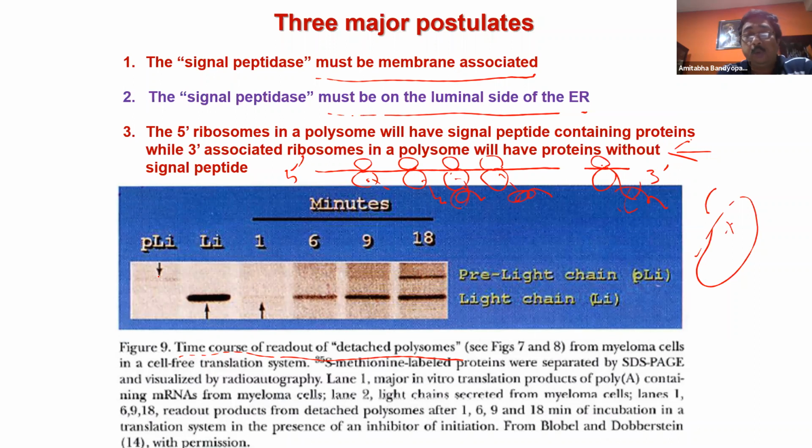That gives you the size of the pre-light chain, and then this is the secreted one from myeloma cell that gives you the size of the mature light chain. Now they're adding S35 methionine and then stopping the reaction after 1 minute, 6 minutes, 9 minutes, or 18 minutes.